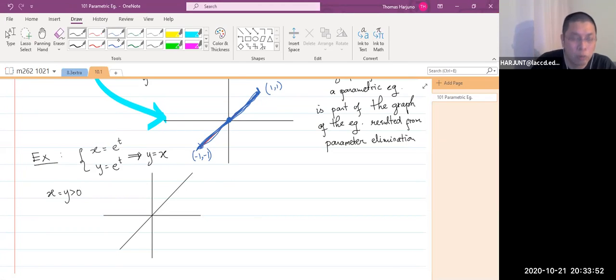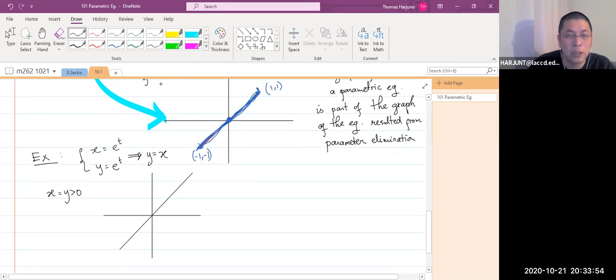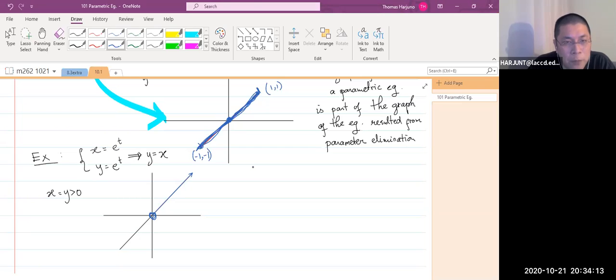So the actual graph, let me use blue, is something that looks like this. That's what the actual graph looks like. In other words, however far to the left your t goes, let's say t is negative 10,000, or negative 1 million, it will never reach the origin. It will never touch the origin.